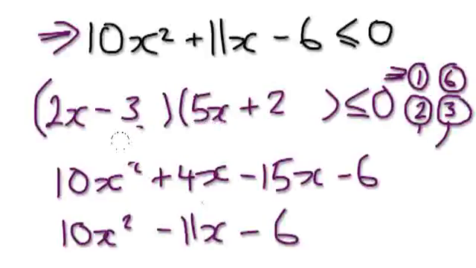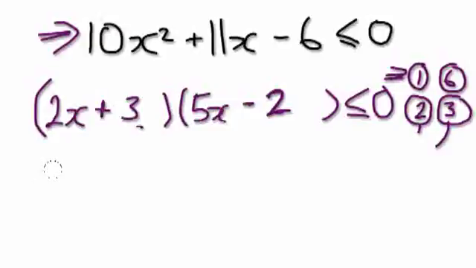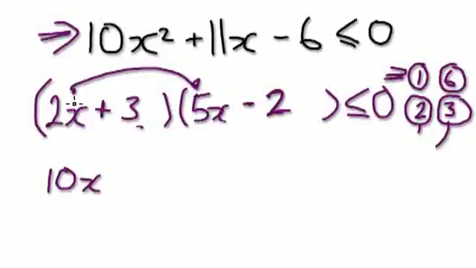So let's switch this to a positive. Switch this to a negative. Okay, so negative 2. Let me just clear this space. So let's try it this time round. This times this would be 10x squared. This times this would be negative 4x.